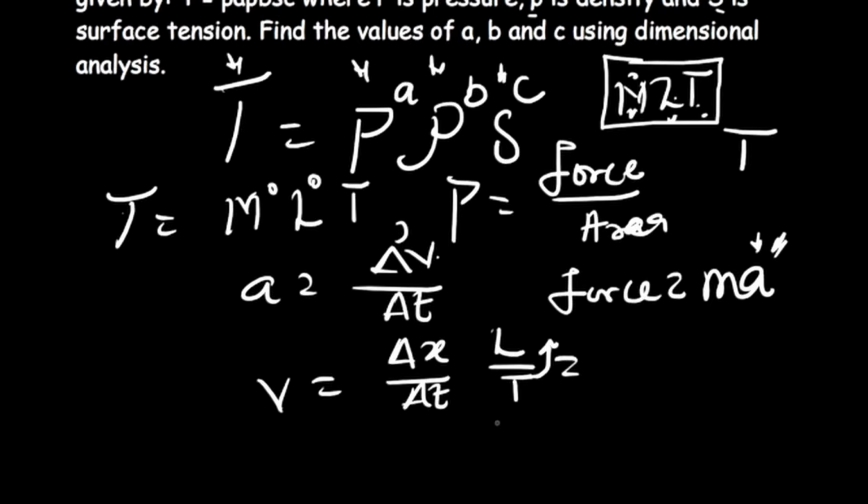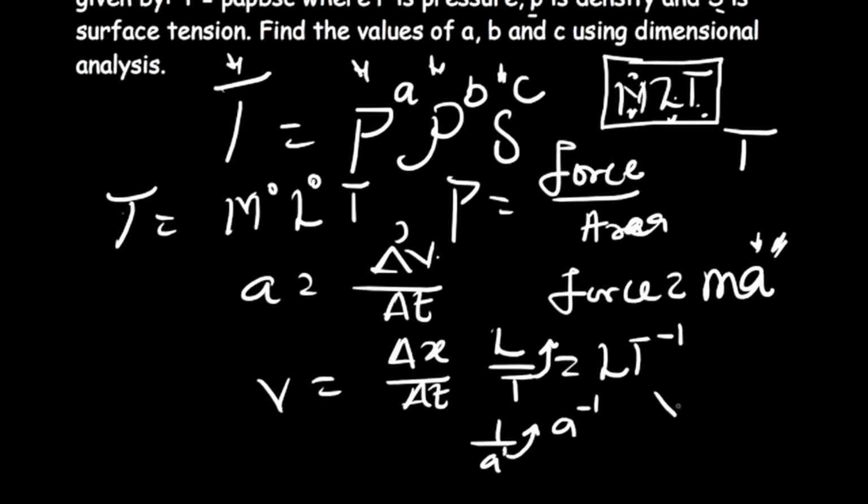For example, if you have 1 over a, remember that this a here has a power of 1. If you take it upwards, it now becomes a minus. Hence, we now have a to the power negative 1. Now this T down here has a positive power of 1. If we take it upwards, it now becomes LT minus 1. And that means that the dimension for velocity is equal to LT minus 1.